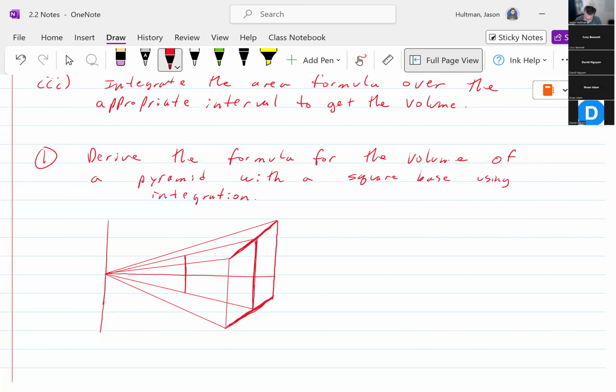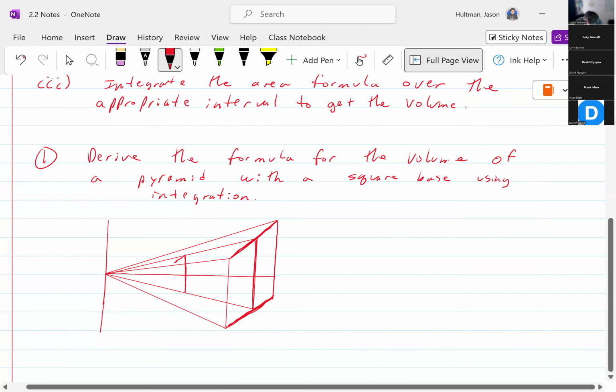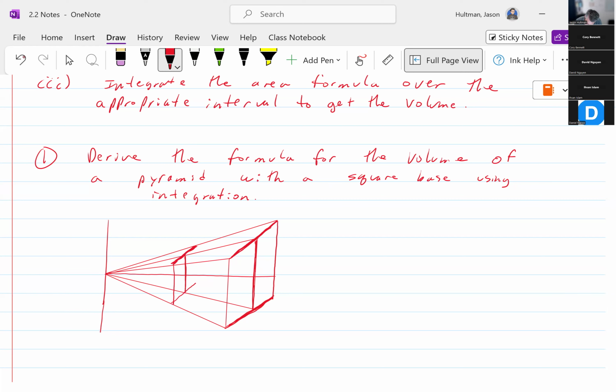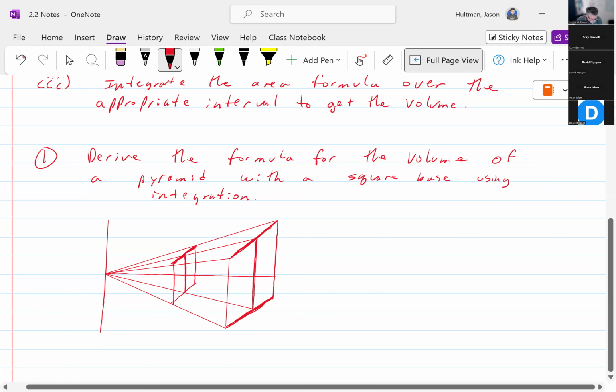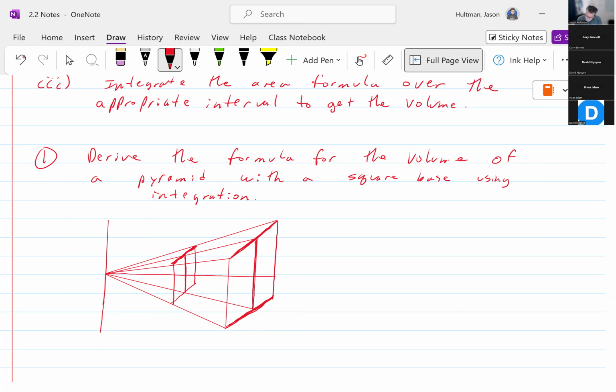Okay, now I'm going to draw this one and that one. This is going to go down to here, and this is going to go up there. So far, so good.